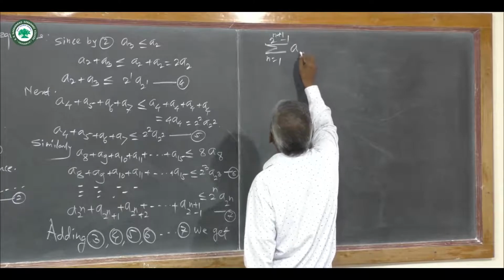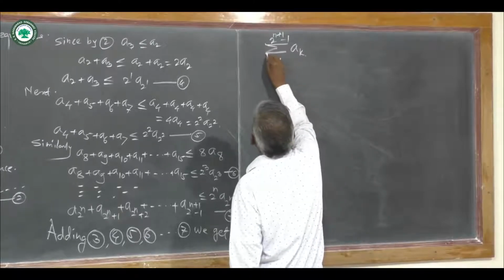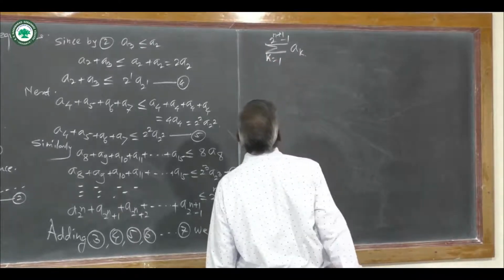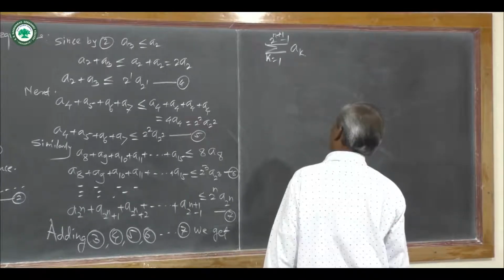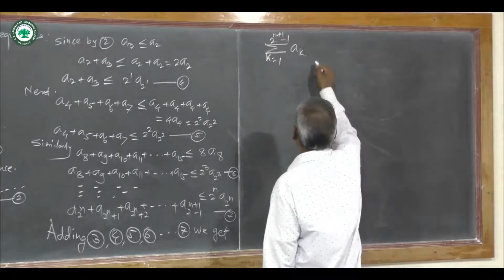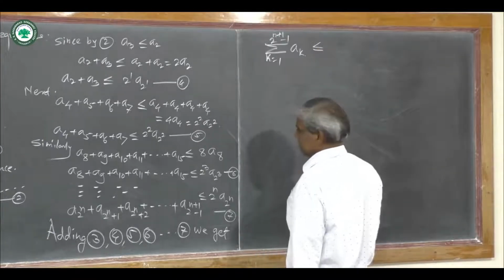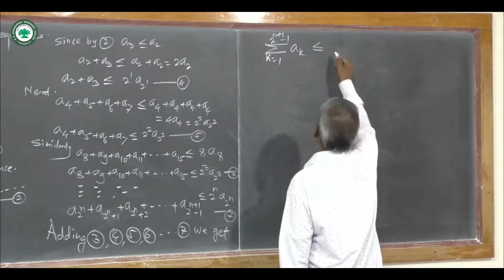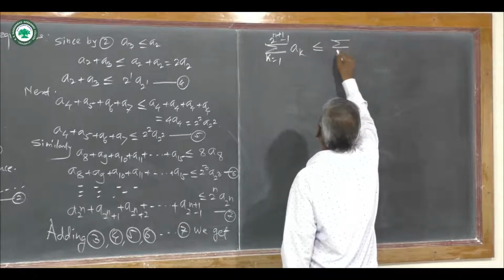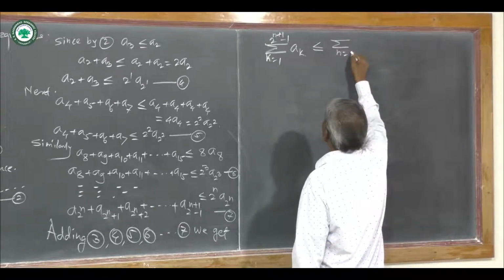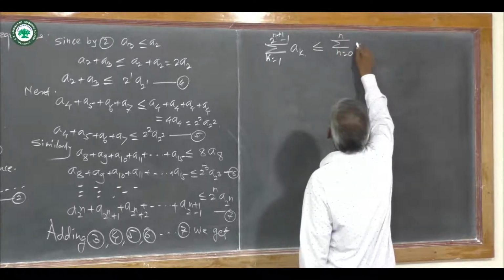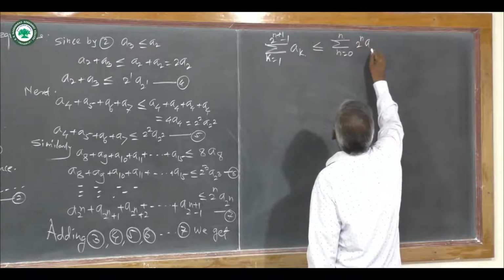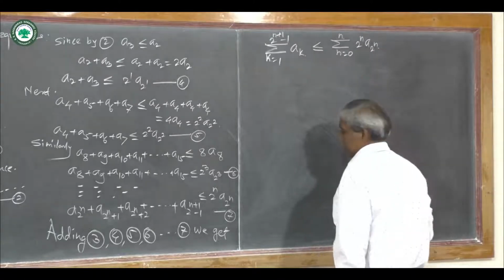A suffix we write here as k. Summation A suffix k, k is equal to 1 to 2 raised to n plus 1 minus 1, is less than or equal to summation n is equal to 0 to n, 2 raised to n into A suffix 2 raised to n.